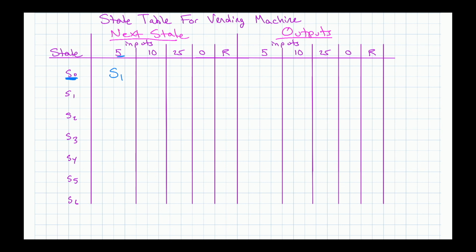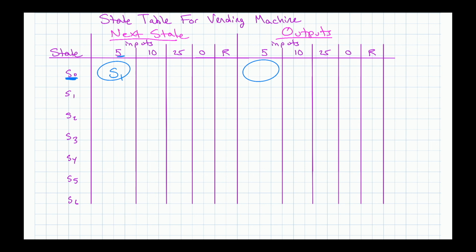All right. But it's not just that one box that you have to fill out. You also have to fill out this box over here. This one and this one both have to be filled out because those are both when you have S0, 5 cents. So you have to fill out this half of the table at the same time you fill out this half of the table. These are corresponding. So if you're in S0 and you put in a nickel, what does the machine output?